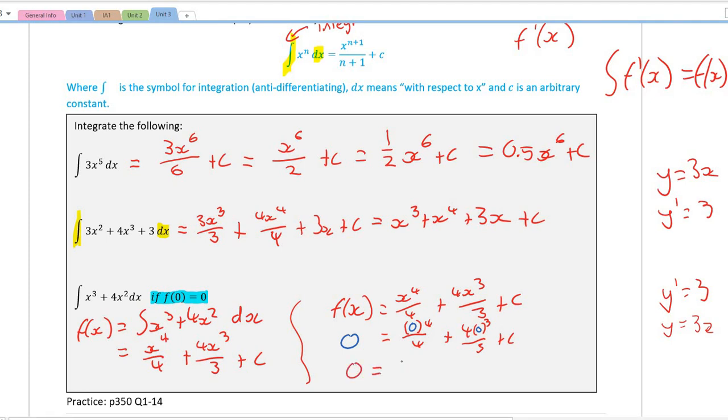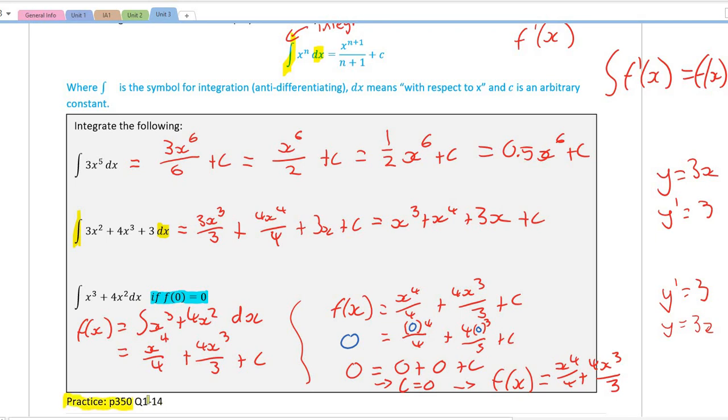So 0 equals 0 plus 0 plus c. Therefore, c equals 0. Therefore, f of x equals x to the 4 over 4 plus 4x cubed over 3.